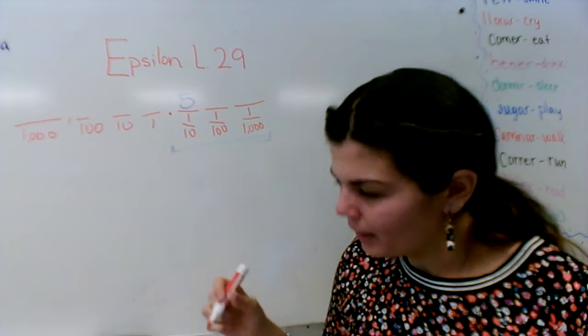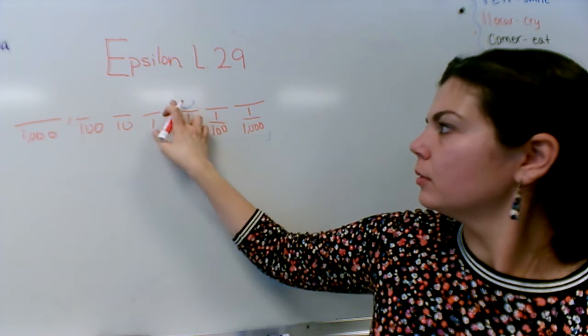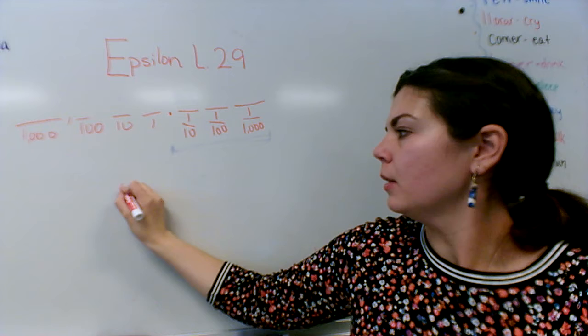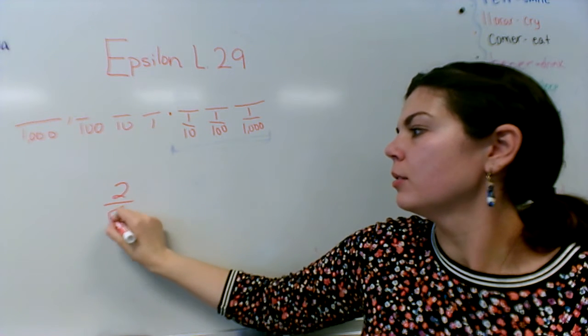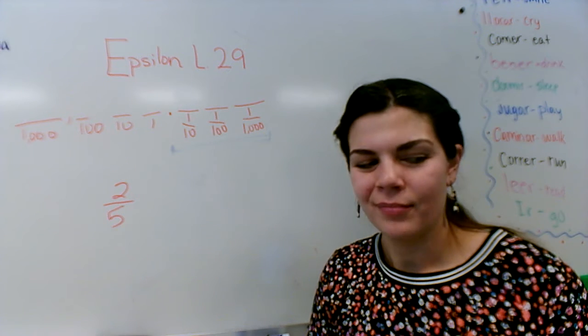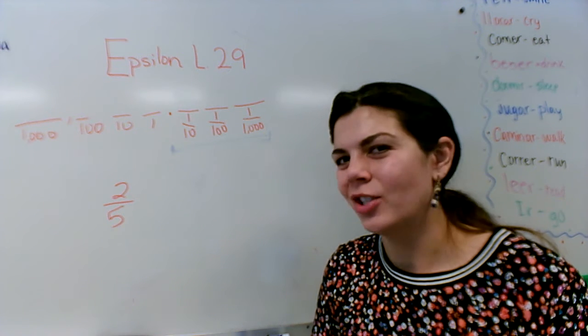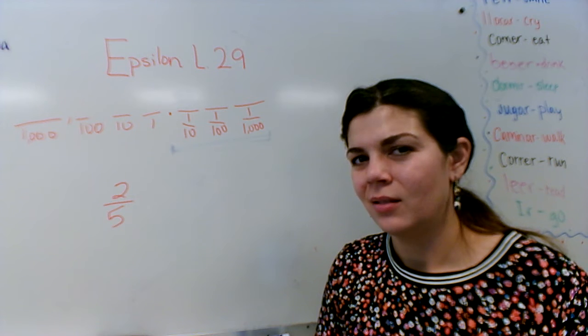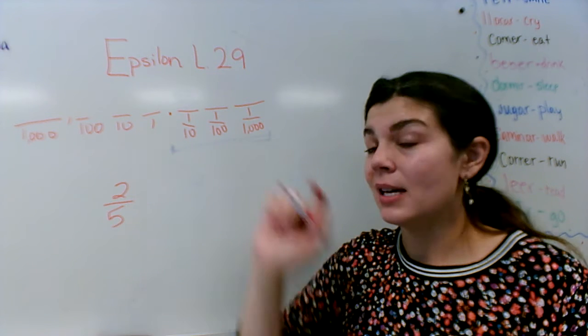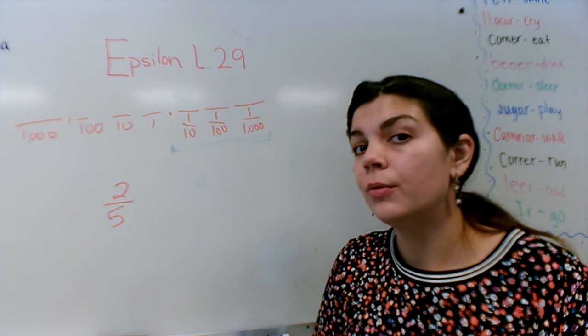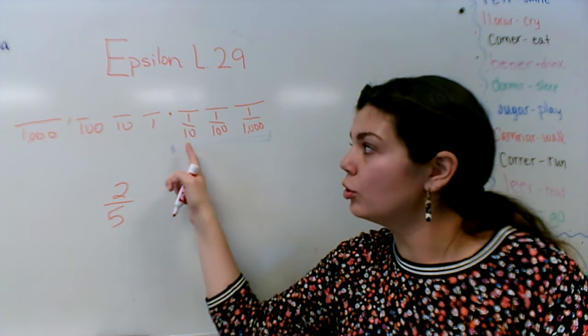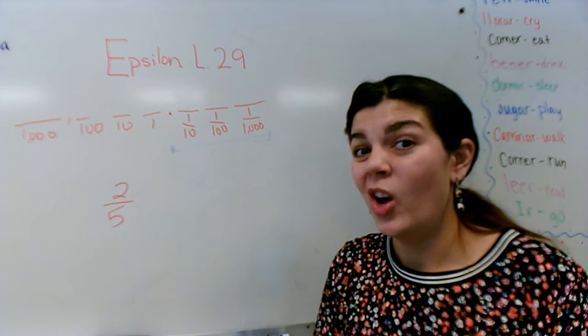All right, what about if I change my fraction? Now what if my fraction is 2/5? What do I need to do if my fraction is 2/5? If I want it to be a decimal, 2/5 has to fit into 1/10.